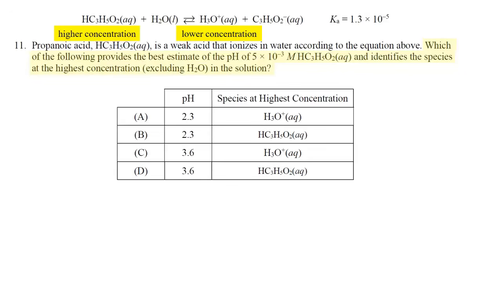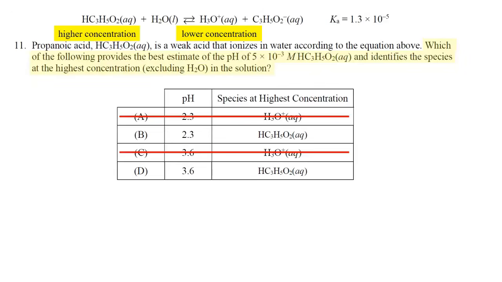So it's only partially ionized in aqueous solution. So since the HC3H5O2 would be the species at a higher concentration, we can eliminate choices A and C, which indicate that the hydronium ion has a higher concentration. So the correct answer is either B or D.